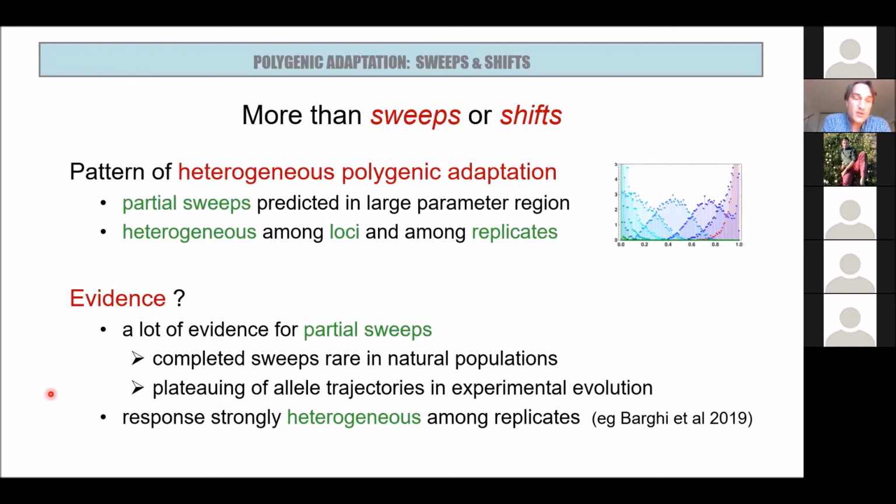And also, we definitely see that the response is strongly heterogeneous among replicates. So if we do this in different replicates and repeat the selection experiment, different loci typically react, as we have seen in Niederbagi's paper in PLOS Biology from last year.